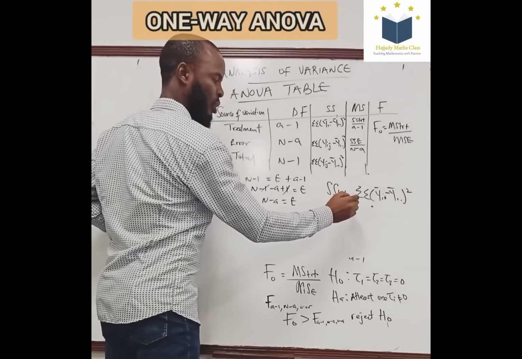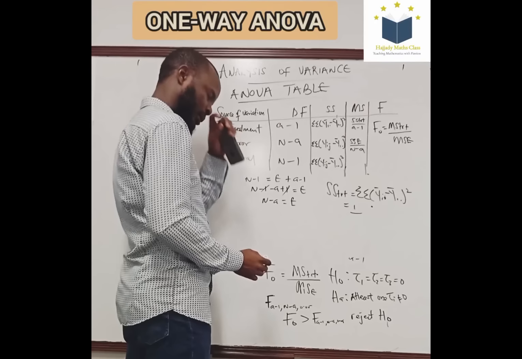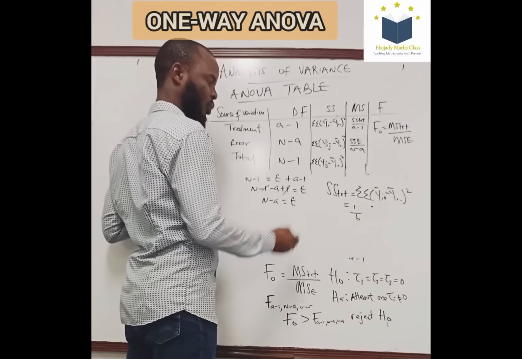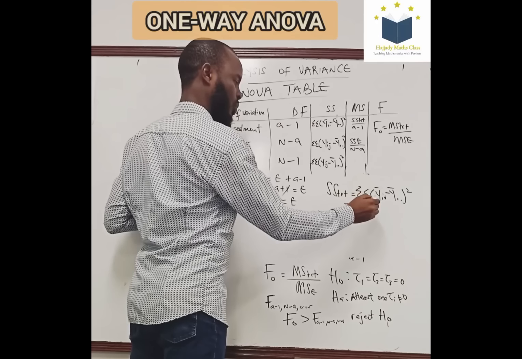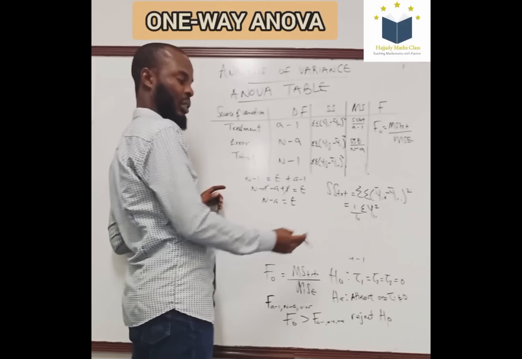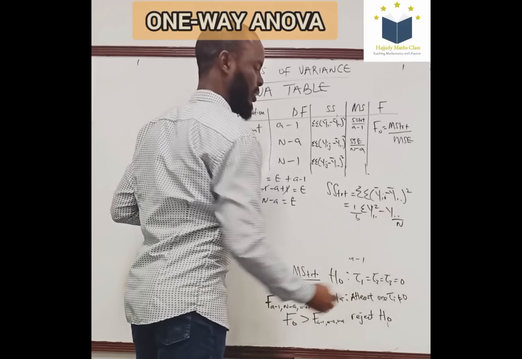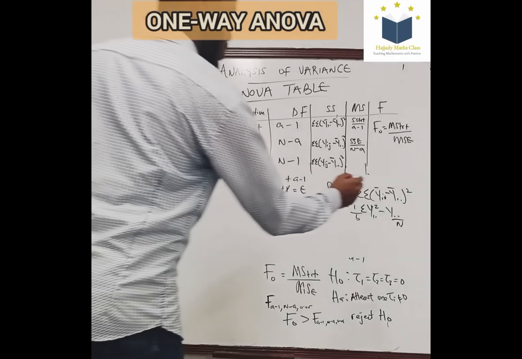You can also have it as 1 over B, which is the number of columns, times the summation of yi dot squared. Not bar this time, we are not taking the mean, just the total. Minus y dot dot squared over N. Oh, sorry, here I need to put squared.